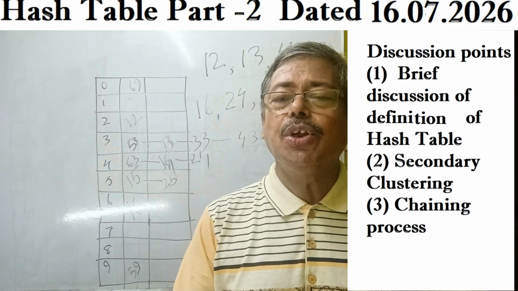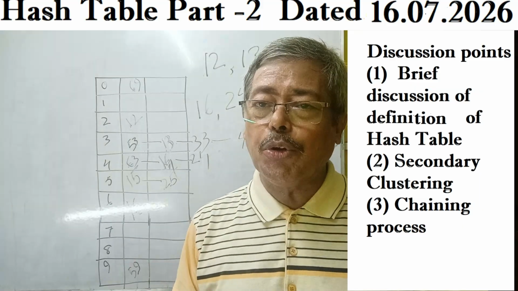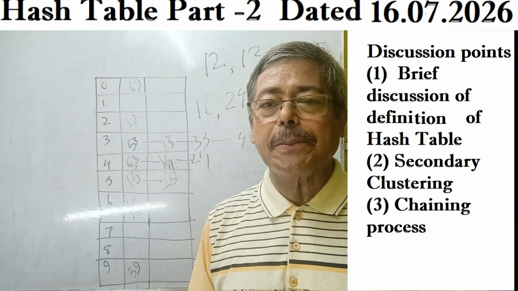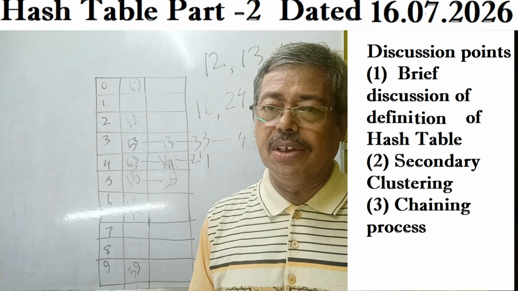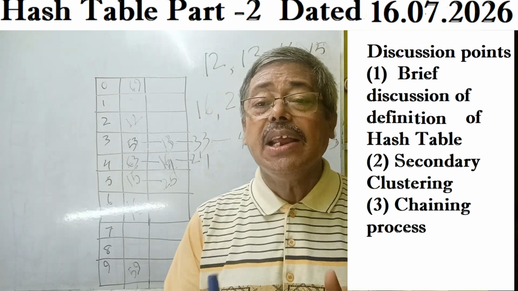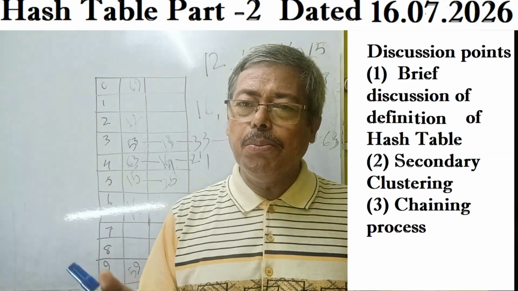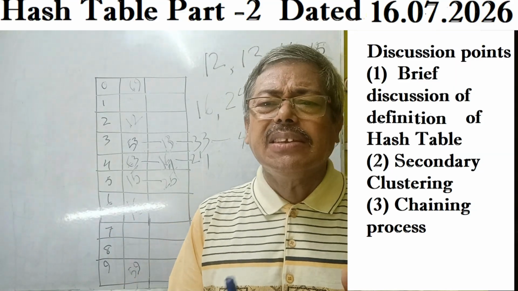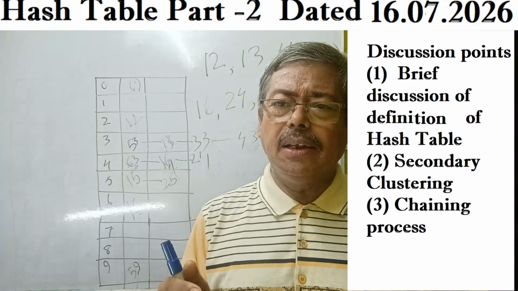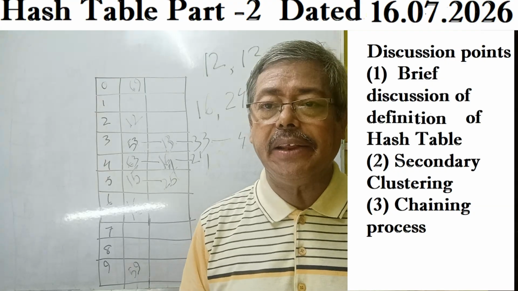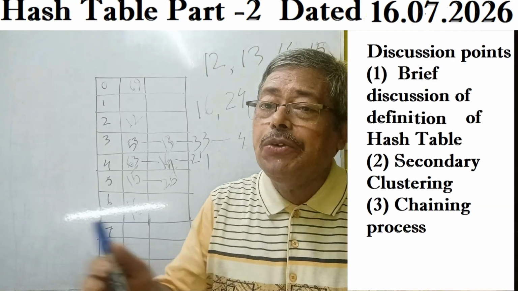Primary clustering is solved using linear probing, and secondary clustering using the chaining process. The chaining process is like a linked list, so it consumes more memory. Linear probing is like an array. Actually, this hash table is merely an array, situated at a contiguous memory location.